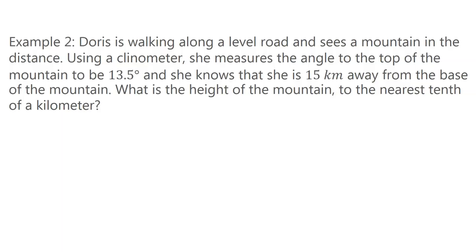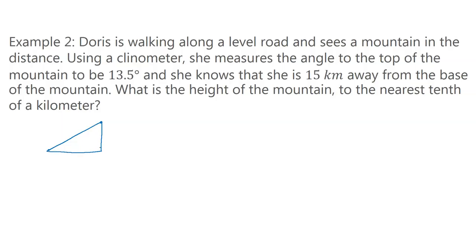So since we don't have a diagram here, we'll have to draw one ourselves. So I'm going to let this dot here represent Doris, who is looking up at the mountain, top of the mountain, which we'll say is here. Since we're looking for the height of the mountain, that is straight down. And we know that she is 15 kilometers from the base of the mountain.